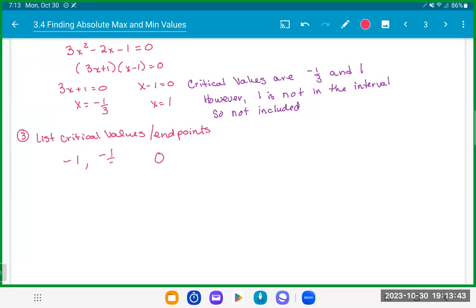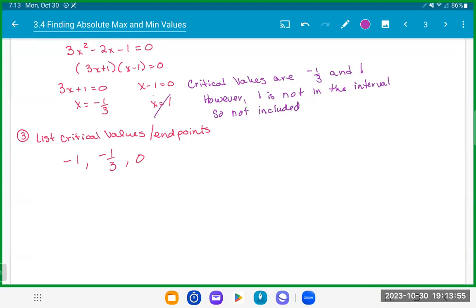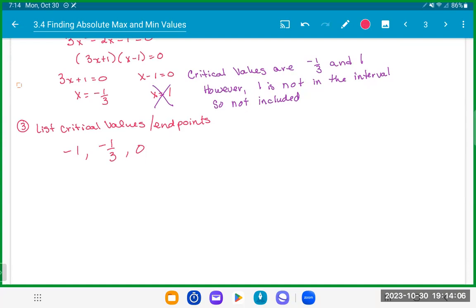So that's going to be the negative 1/3, and then we have that 0. We've listed all three of those here. Again, remember, x equal to 1 is not in our interval, so we don't count that critical value down here as a potential. Okay. Now we need to evaluate.